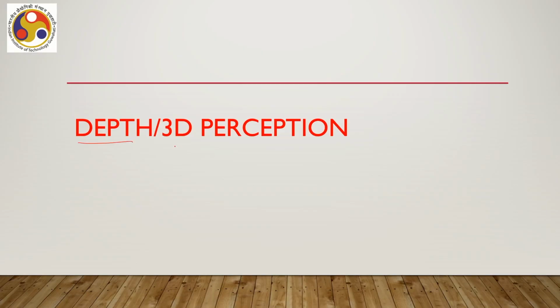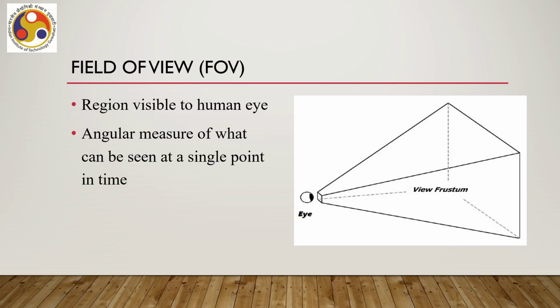So, then how do we perceive the depth or three-dimensional properties of objects? How do we do that? One important concept here is the field of view, that is the region visible to the human eye. It is an angular measure of what can be seen at a single point in time. So, if this is the eye, this entire view frustum refers to the field of view.